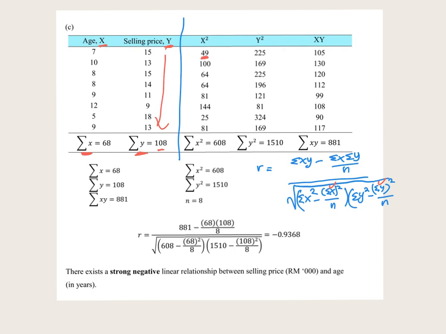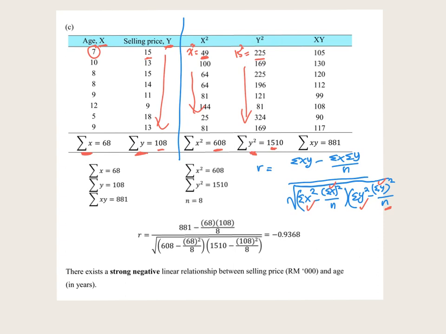For 49, this is actually 7 squared equals 49. You total up all the values, you're going to get 608. And for y, 225 is actually 15 squared. You calculate everything and total up, you're going to get summation of y squared.